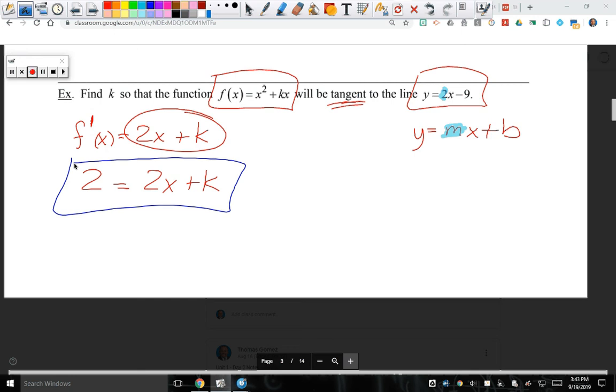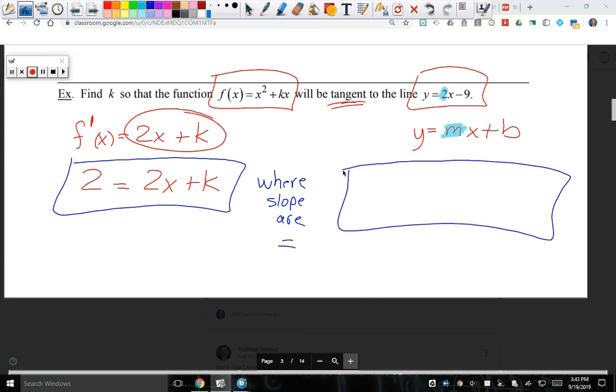This equation is where the slopes are equal. Do you agree? The slope of the function and the slope of the line. Over here on this other equation, I'm going to show where the locations are equal.